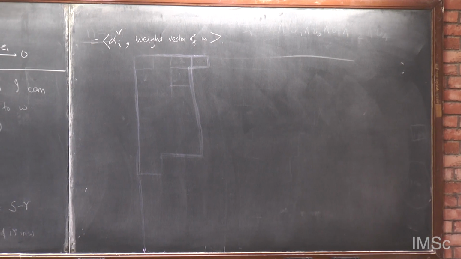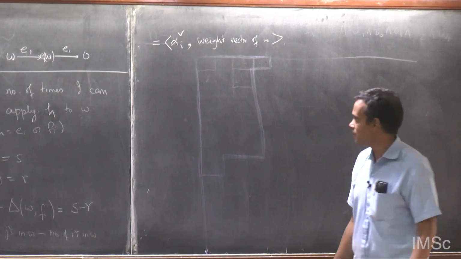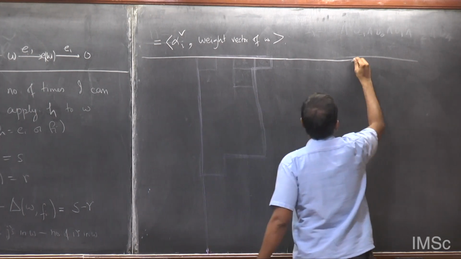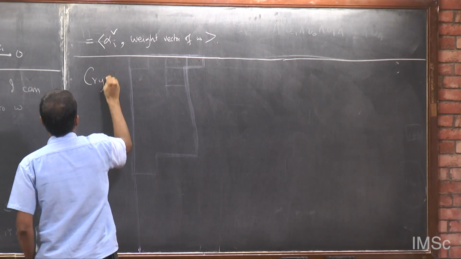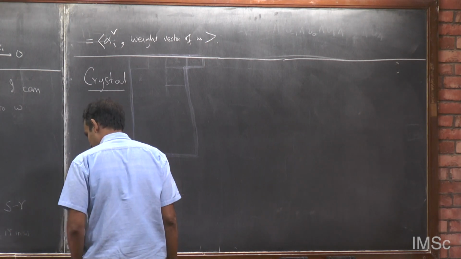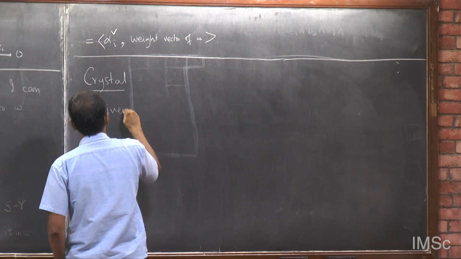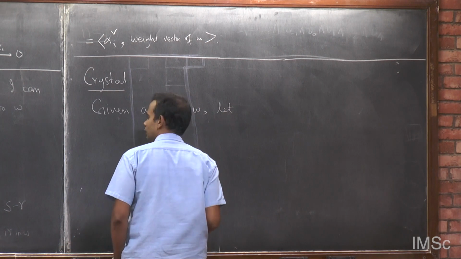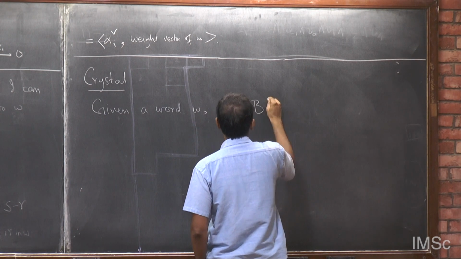So then we define a crystal based on these things. So given a word W, should I call it B of W?